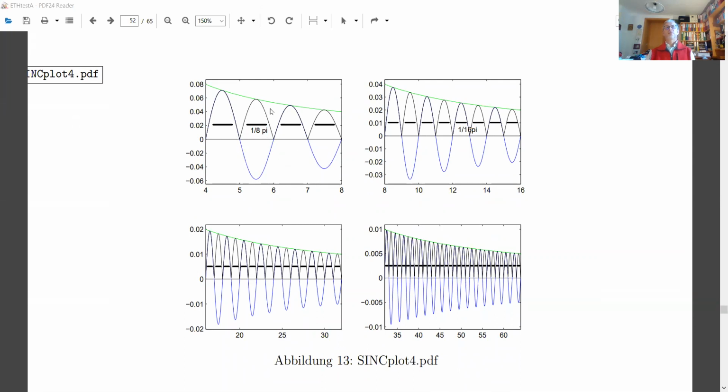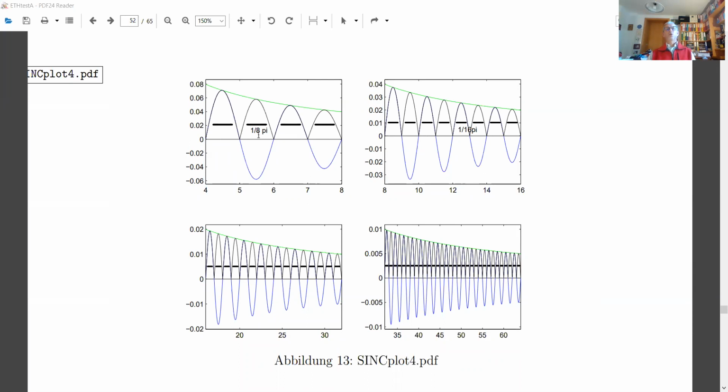It's oscillating with a decaying envelope like 1 over x or 1 over pi x, with some peak values. But what you see is that below this bump function, it's always possible to put a little box here of area 1 over 8 times pi, or I'm not sure, maybe it's 8 pi, but that doesn't matter.